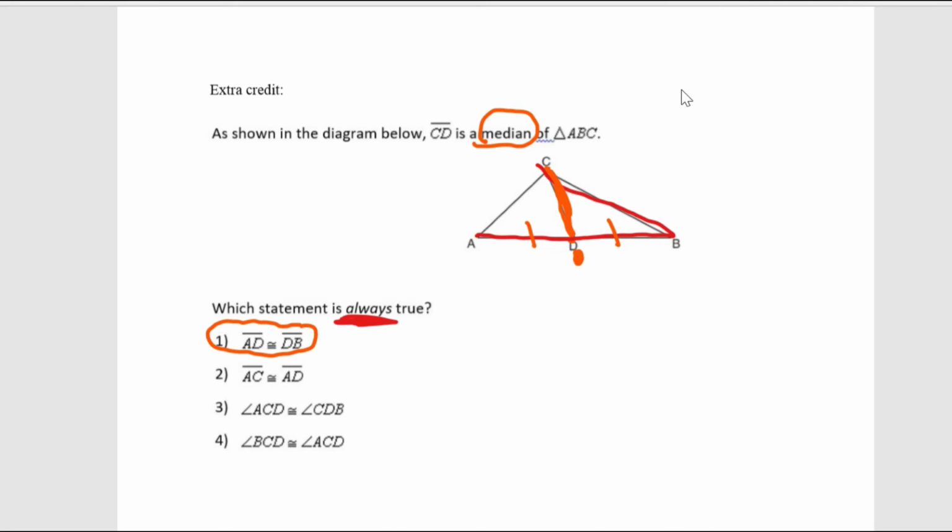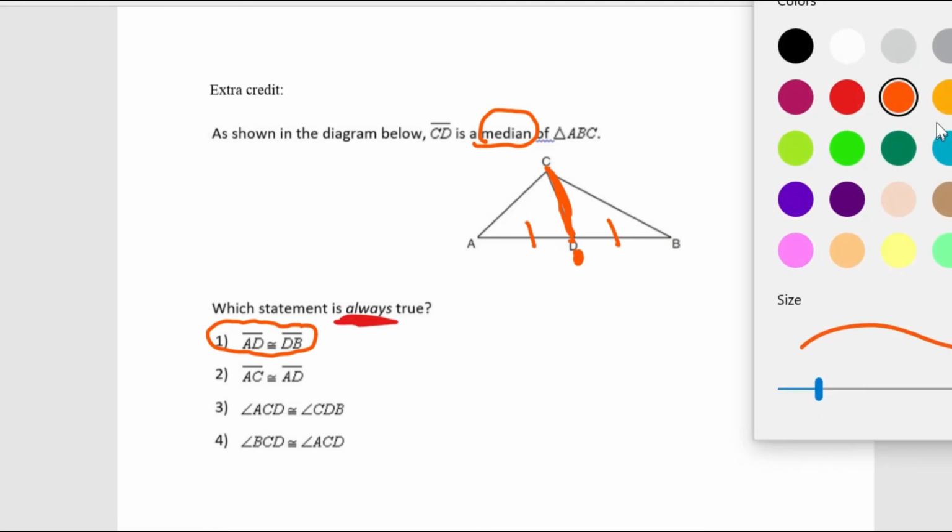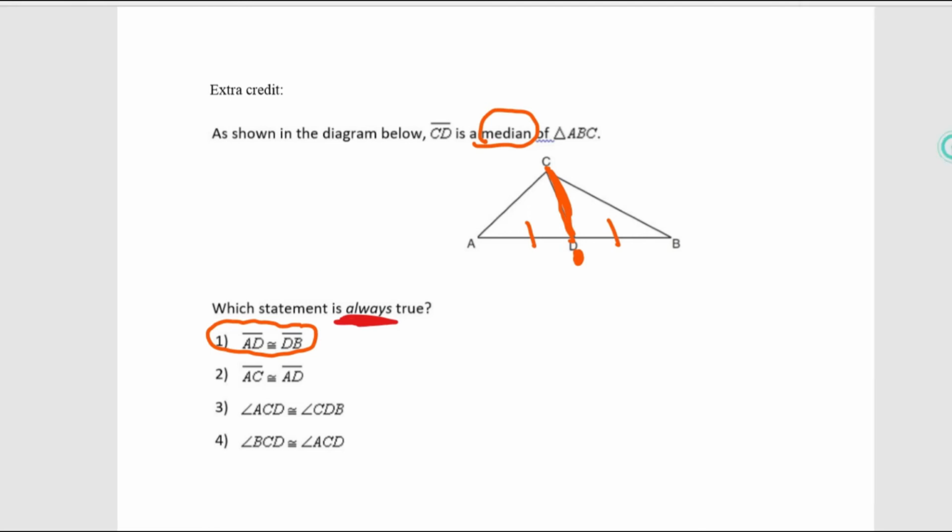Let's use a different color here. I'm going to clear this. Okay, so all right, so this is always true. Now let's say is AC, let's go with this blue color, so it's AC.